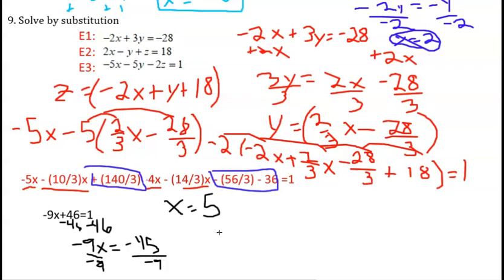And then we'll plug it back into equation 1 to find y. So negative 10 plus 3y equals negative 28.